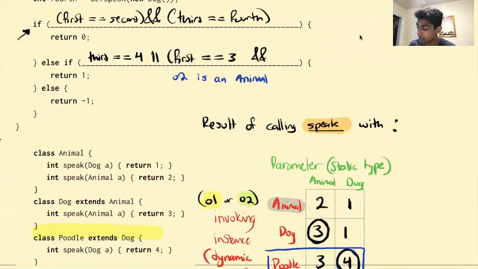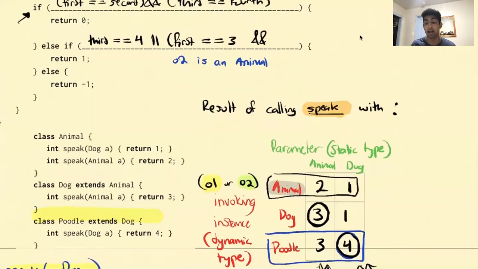well, if O2 is an animal, it means that we're looking at this entry right here. And we know that a fact is that all animals have a 2 in this spot in the table, right? So a way to figure out if something is an animal is if there's a 2 right here, because dogs and poodles have 3s at that spot.